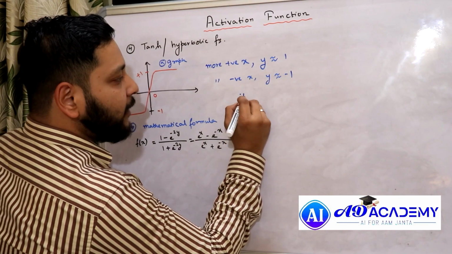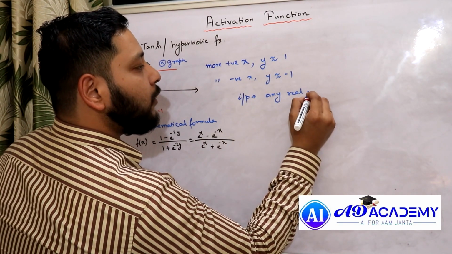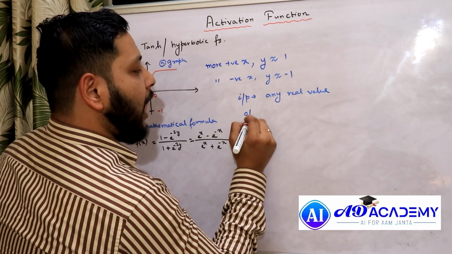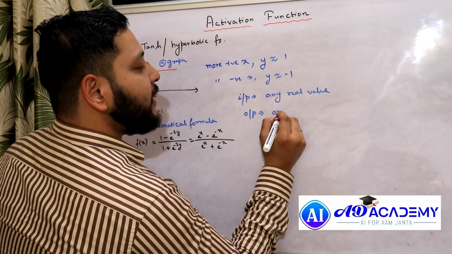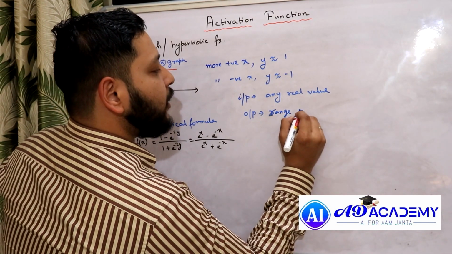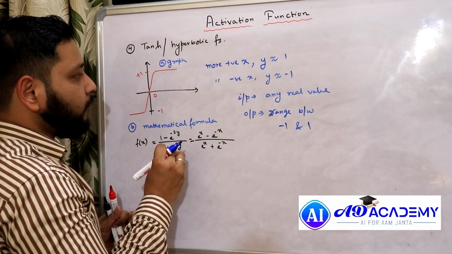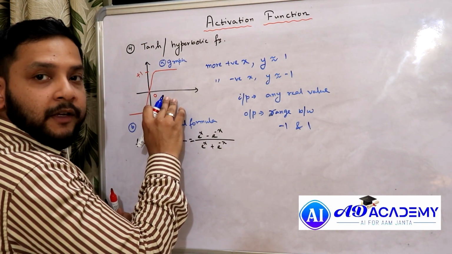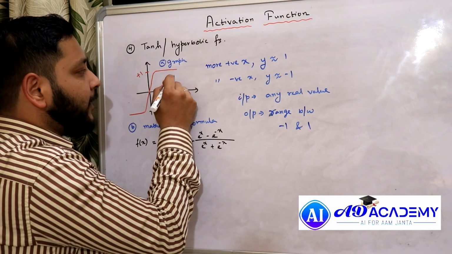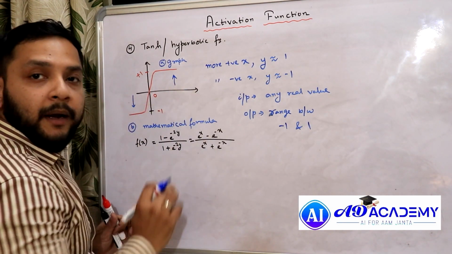Here we can give input any real value, but output will range between -1 and 1. If there is any value which is very positive, then we will map it to +1, and any value which is negative, then we will map it to -1.